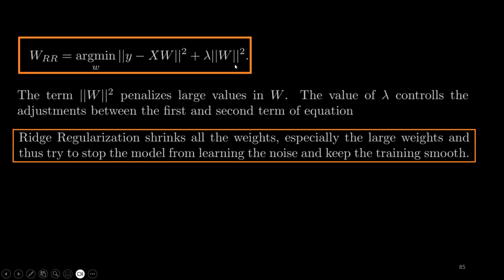So if the weights are very large, in that case the value of lambda will be very small so that we can keep the balance between both these terms present in ridge regression. The value of lambda basically controls the amount of the weight. They move in opposite directions: if the weights tend to increase, then lambda tends to decrease in order to keep the balance.